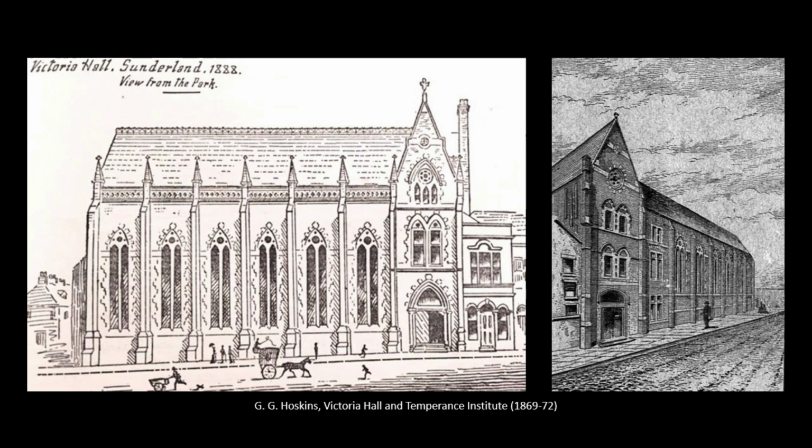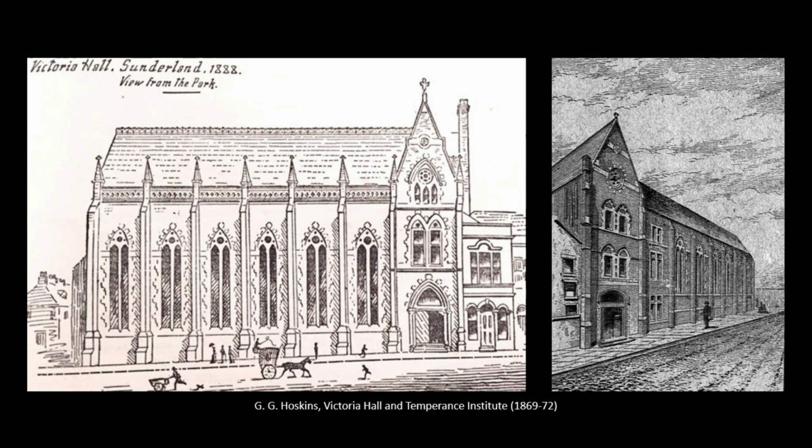In 1866, Hoskins designed a large Gothic building with a public hall to seat 2,500 people, a lecture theatre for 600, and a refreshment room and various committee rooms. This original design featured a tower and spire. To build it, the plan was to raise £12,000 by selling £1 shares in the company.